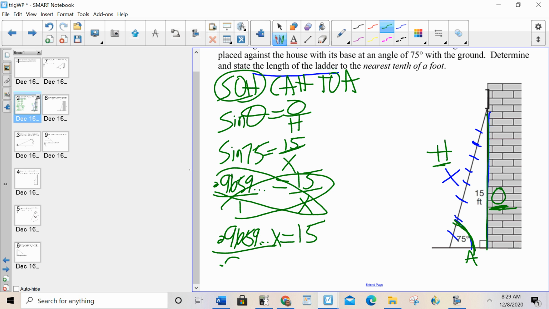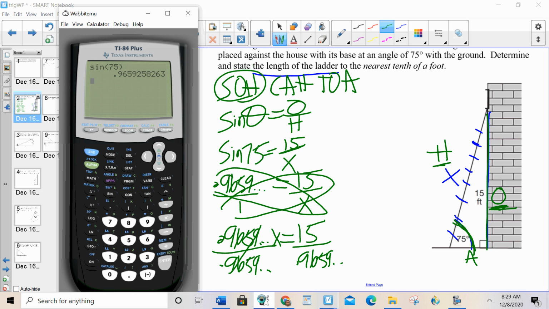To get x by itself, I'm dividing by 0.9659. So when I type that in, I'm going to hit 15 divided by, and I'm not going to type 0.9659. I'm going to tab up, hit enter to copy and paste that, and I get that.